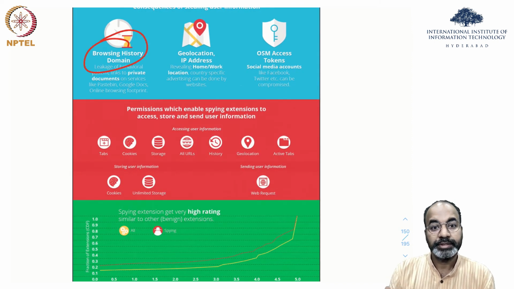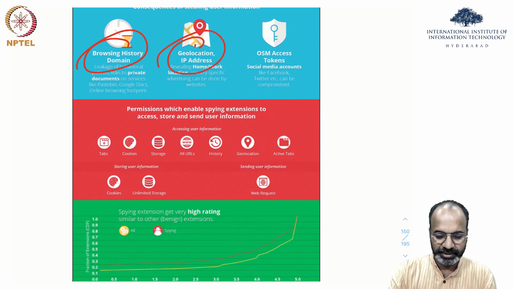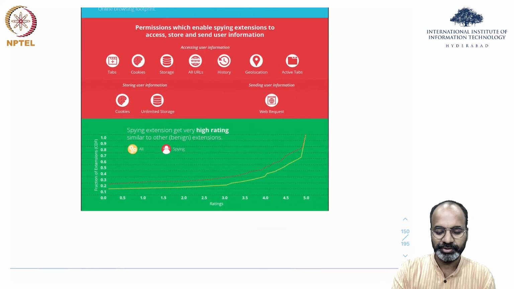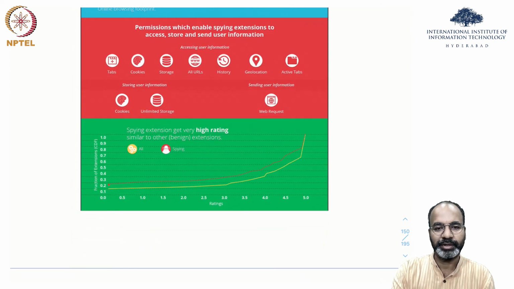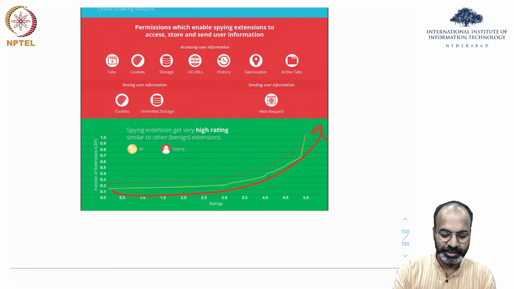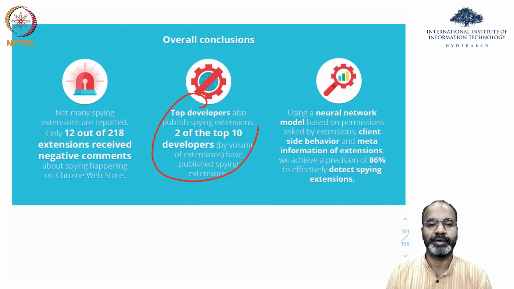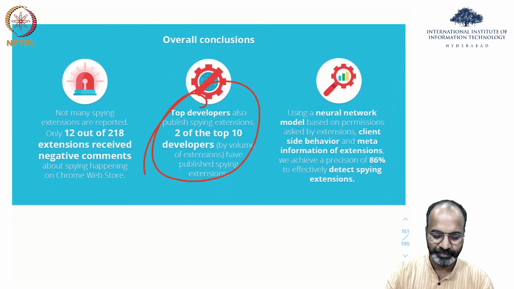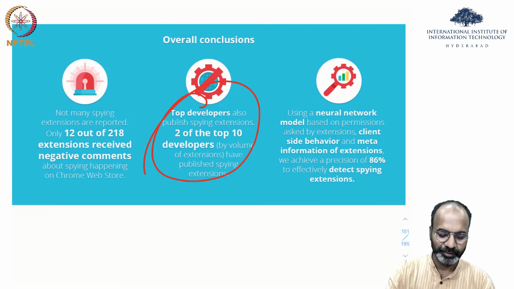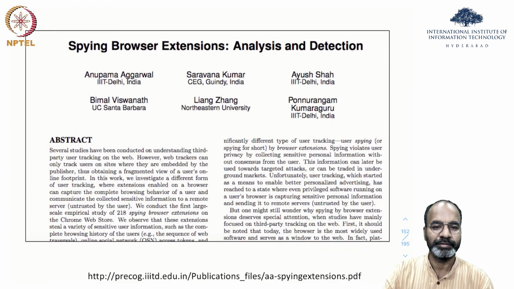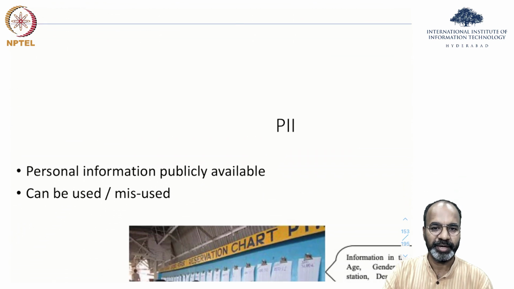What are the consequences of this browser extension study? It was sharing the browsing history, geolocation, IP address, and social media access tokens. It was also seen that the malicious extensions had higher ratings, and we saw that top developers were also part of the development teams of these kinds of spying extensions.